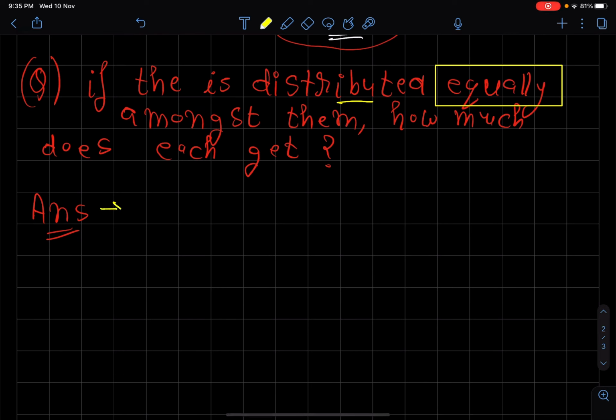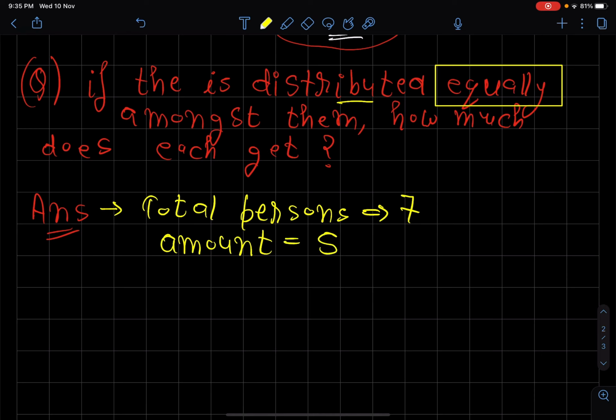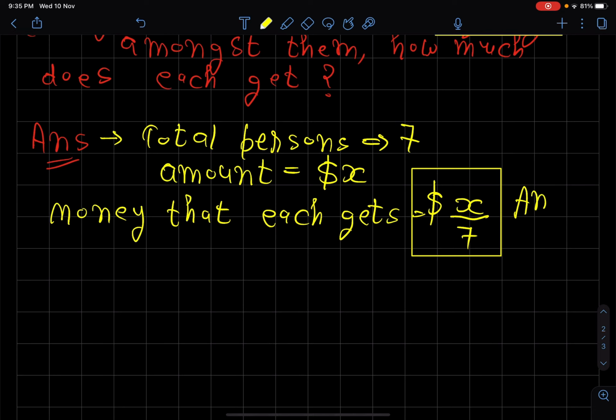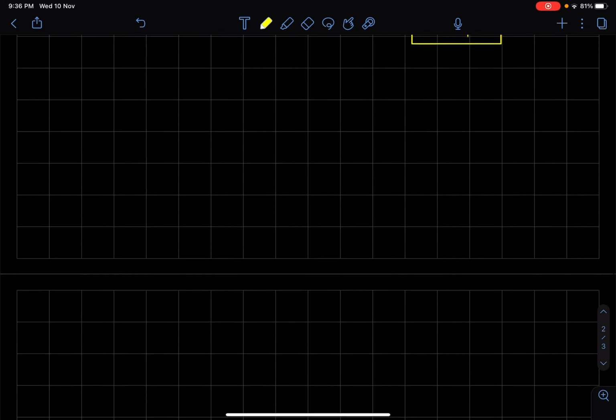So total persons are 7, amount equals $X, and the money that each gets equals the total money divided by 7, X upon 7 dollars. All right, yeah, so this is our answer.